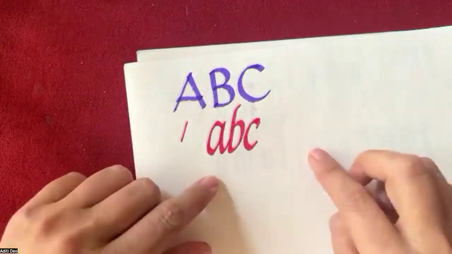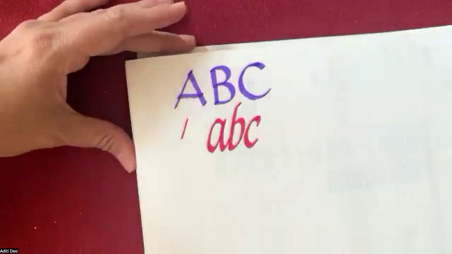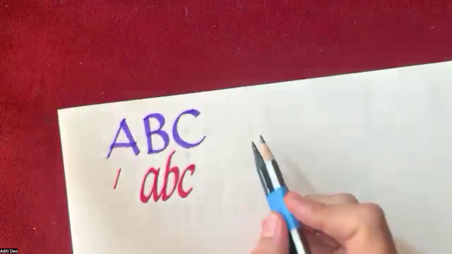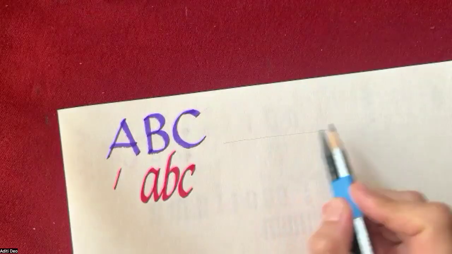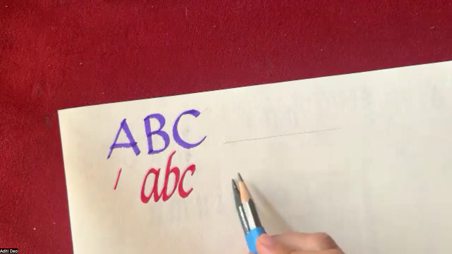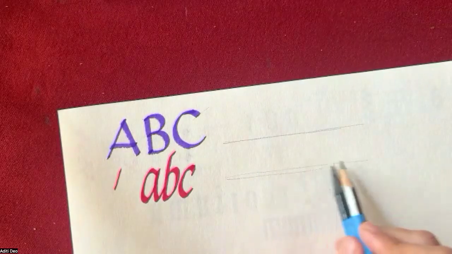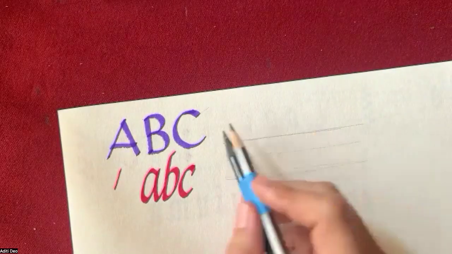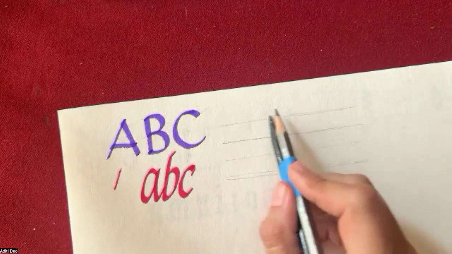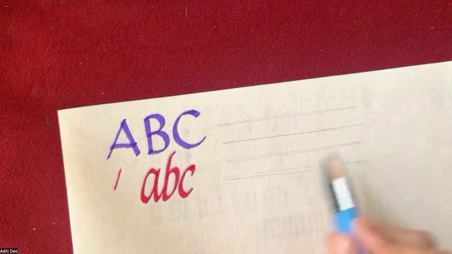So you can give all of this a shot. If you want your letters to look really neat and tidy, though, I would recommend making some kind of baseline and also give yourself an x-line so that you can keep your letters within that shape.